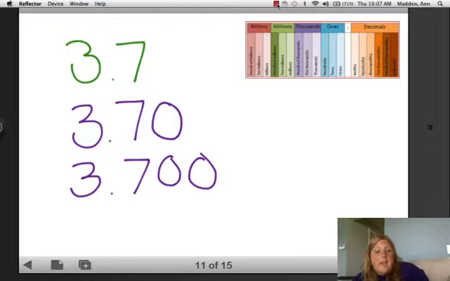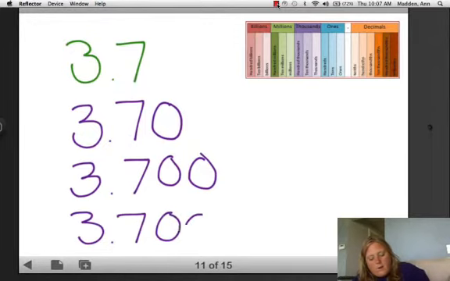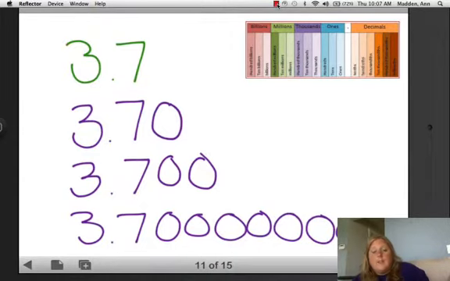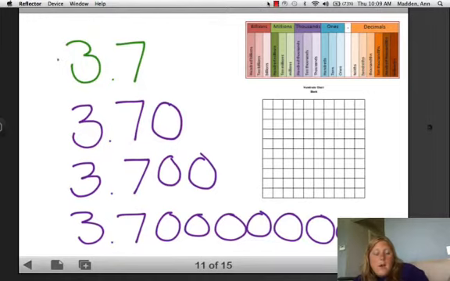Those are all the same exact number. 3 and 7 tenths, 3 and 70 hundredths, 3 and 700 thousandths. I could go on and on forever with the zeros if I wanted to, and it still is the same exact number.